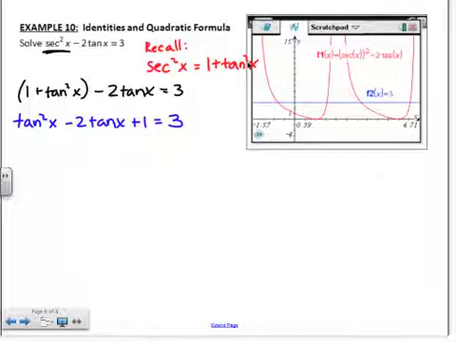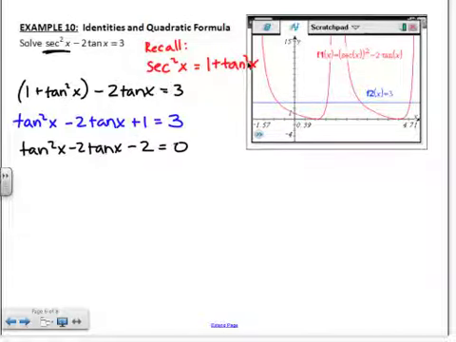So we have tangent squared x minus 2 tangent x, subtract 3 from both sides, I get minus 2 equals 0. Now we're going to factor this lovely thing. If I use u substitution, I would see that this is u squared minus 2u minus 2 equals 0. That doesn't factor. You don't have factors of 2 that subtract to 2. There's no way to do that. So we have to use the quadratic equation.